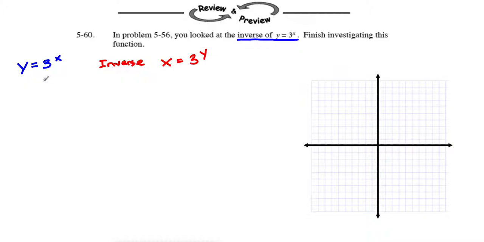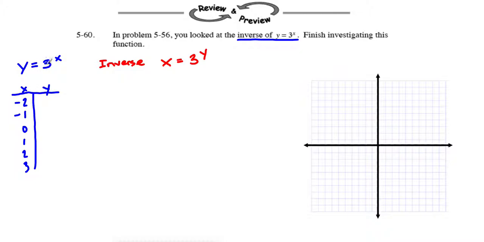Now we can use what we know from this one in case you were absent or you didn't start working on it in class. We can take our y equals 3 to the power of x, and we could create a little t-chart there. And we've got our inputs and our outputs. So when we plug in some different values here for x, let's plug in a couple negatives. Let's say -2, -1, 0, 1, 2, 3. The more points we have, the better.